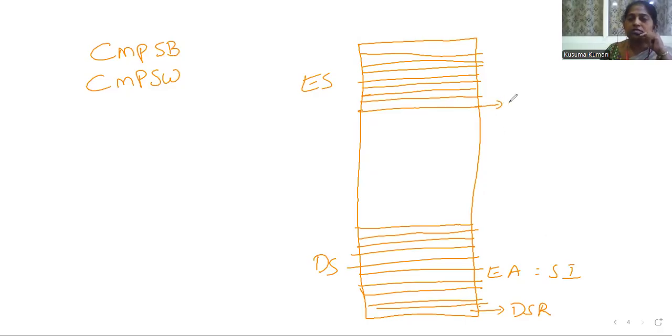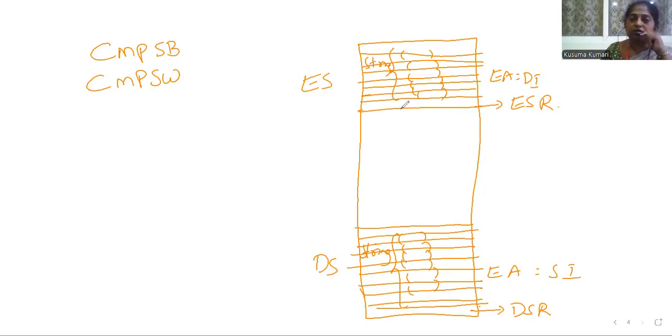Here, segment base is available in the extra segment register, and effective address is available in the destination index register. Suppose these are bytes available in the data segment, and here certain bytes are available in the extra segment. Now this is one group of bytes, it is one string, and this is a group of bytes, that is one string byte.